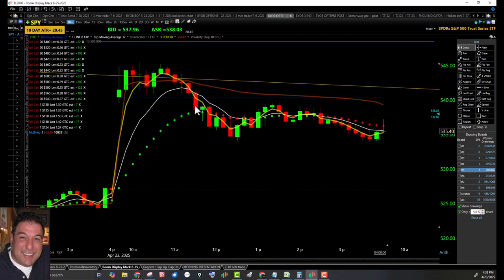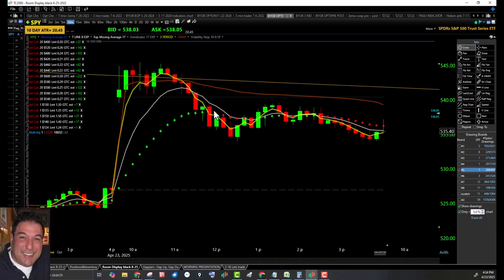So there's the rubber band candle, there's the break of that rubber band candle, and then price action goes a little bit more, and then it bounces. With a big gap up, you figure it's going to come back to the midpoint, and it did.